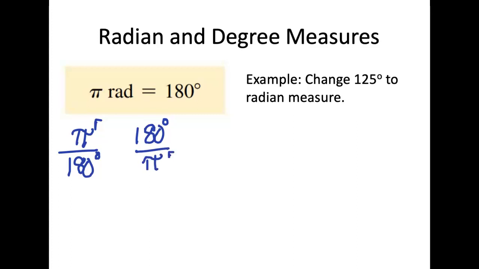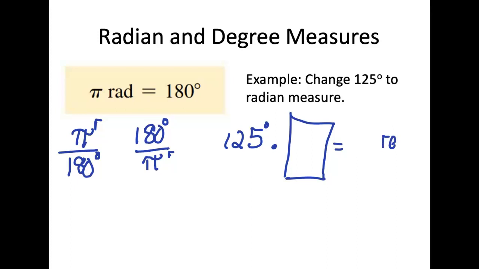If I'm trying to change 125 degrees to radians, I've got 125 degrees, and I want to multiply by some fraction so that when I get through multiplying, I end up with something in radian measurement.